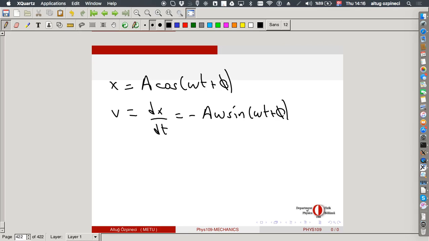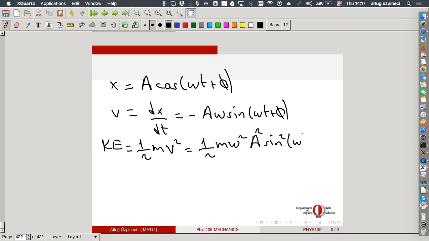So we can calculate its kinetic energy. Kinetic energy of oscillation, if the mass is m, is 1 over 2 m v squared. This is 1 over 2 m omega squared A squared sine squared omega t plus phi. This is the kinetic energy.